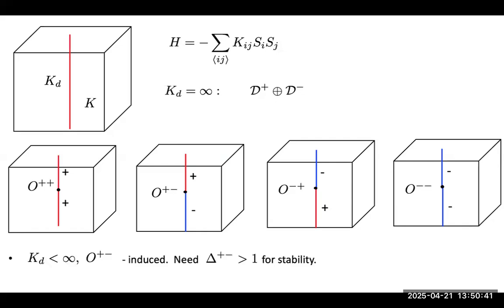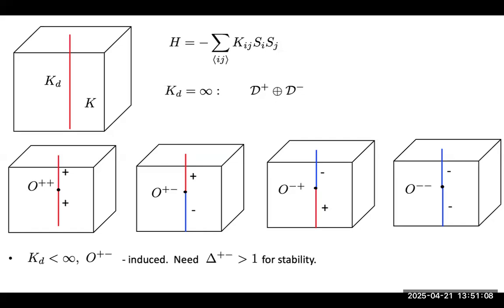And we expect that the minute you make this defect coupling large but finite, then it will induce these domain wall operators. So in order for this fixed point KD equal infinity to be stable, the scaling dimension of the lowest domain wall operator has to be greater than 1. That's the stability condition.